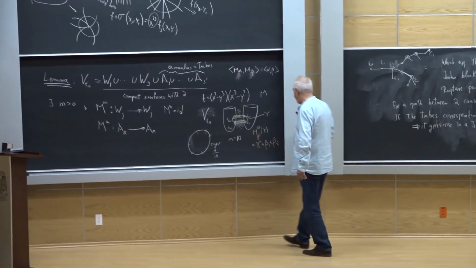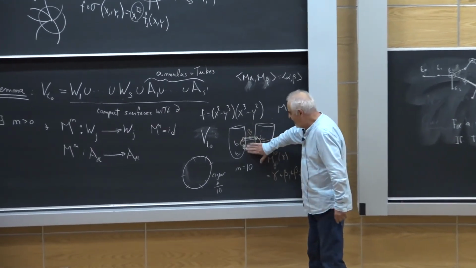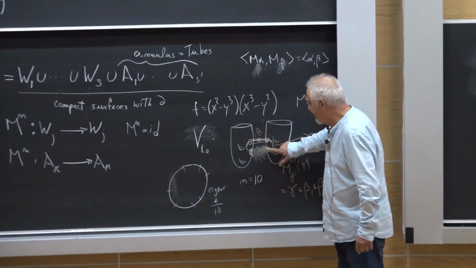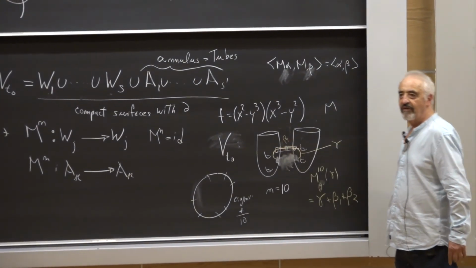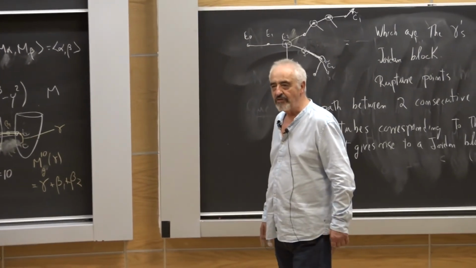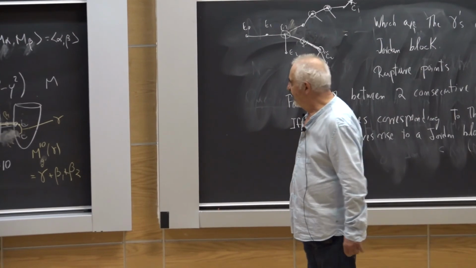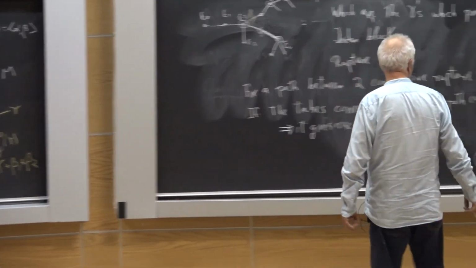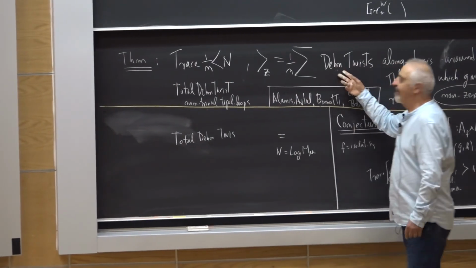If f is quasi-homogeneous, then if you have different components, there is only one tube uniting the different ones. So for quasi-homogeneous, even for semi-quasi-homogeneous, N is 0. So in this case, there are no Dehn twists.